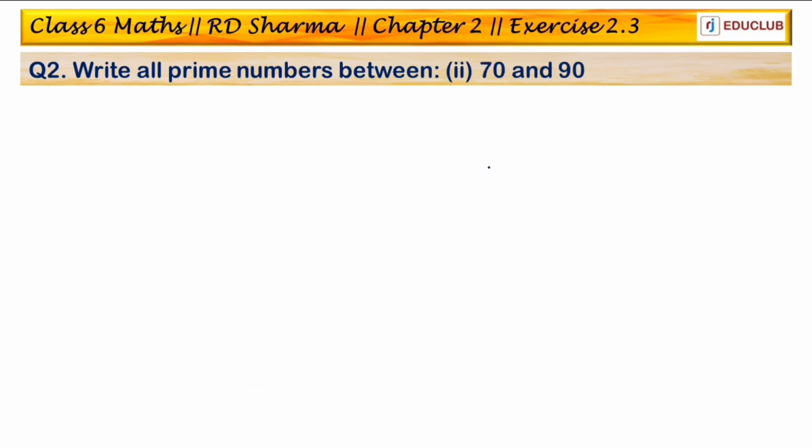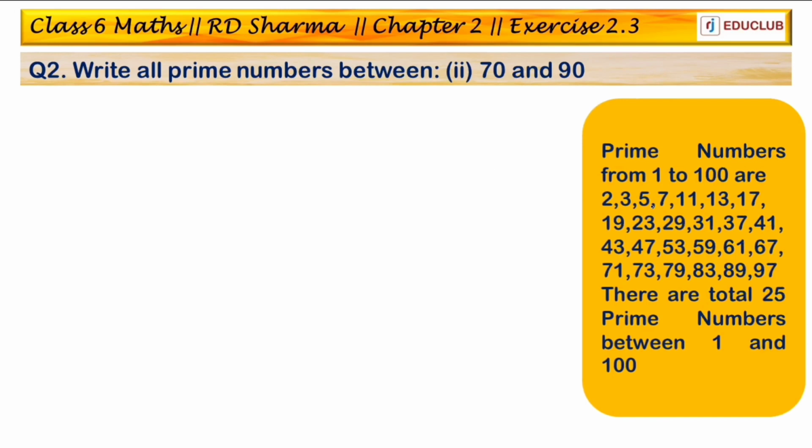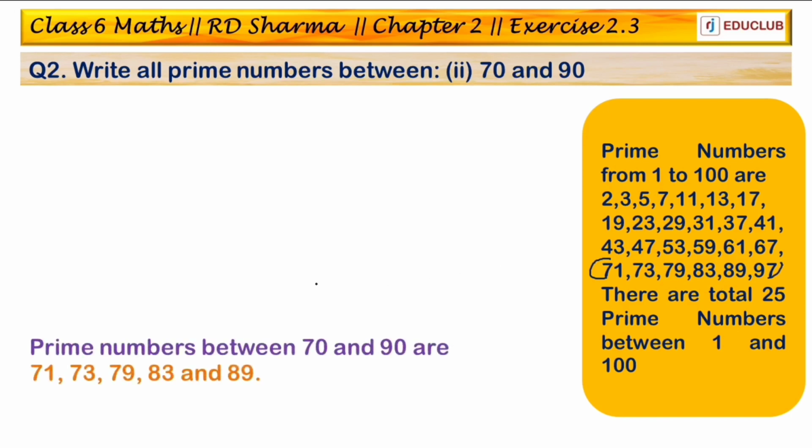Next, prime numbers between 70 and 90. These numbers have factors 1 and the number itself. You remember between 1 to 100 there are a total of 25 prime numbers.